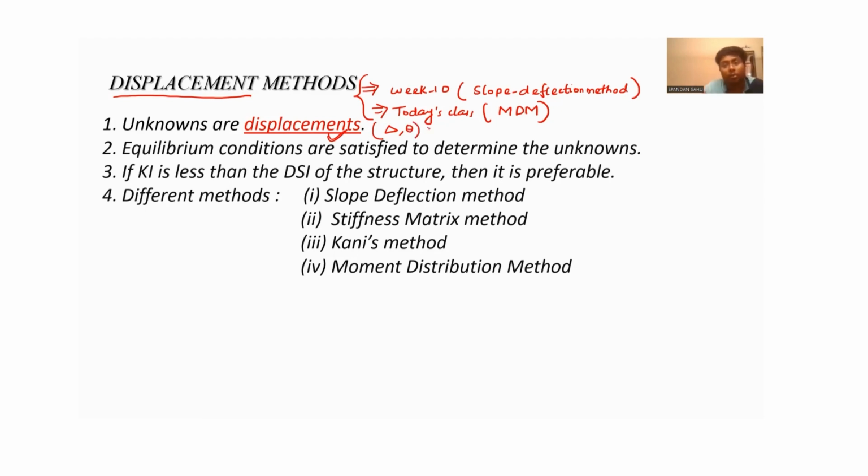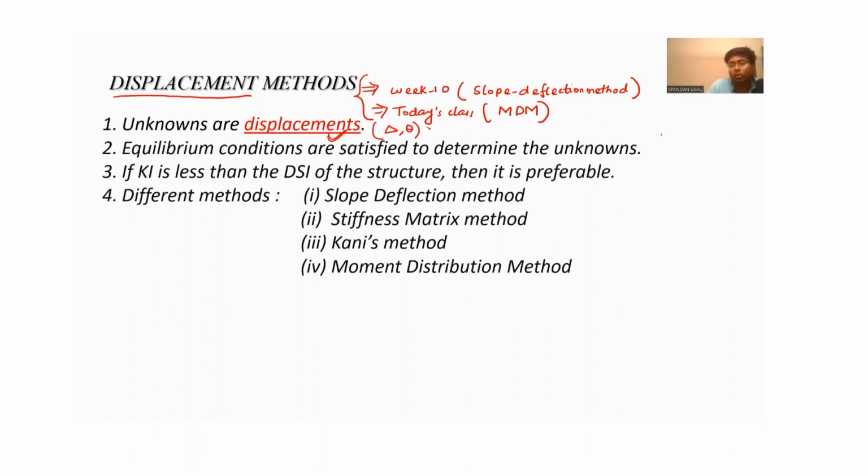And it depends upon the kinematic indeterminacy of the structure. Means if the kinematic indeterminacy of that structure is rotation, then your unknown displacement will be rotation. If the kinematic indeterminacy of that joint of a given structure is translational in nature, then your unknown will be delta, which is translational unknown.